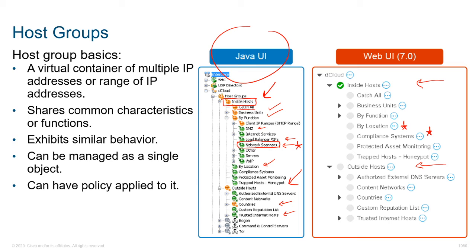All right, so very powerful: virtual containers that share common characteristics. That's generally how we're going to divvy these up. They can be managed as a single object if we'd like. We can certainly have policies applied to each individual category, and we can make exceptions to the subcategories.